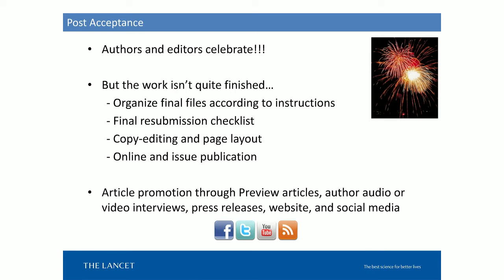You'll get sent proofs, which you will have the opportunity to check and correct and clarify anything which the copy editor has highlighted. And then finally, we get to online publication. For those journals which still have print versions, there will be a print publication, which may well follow sometime after the online publication.